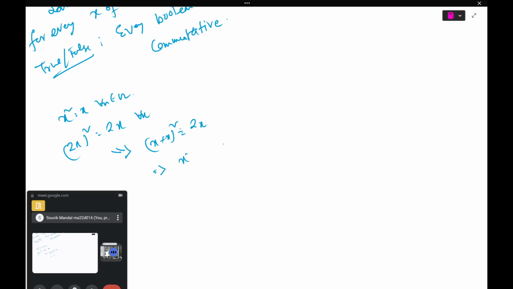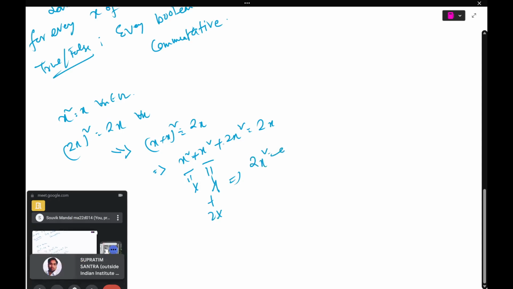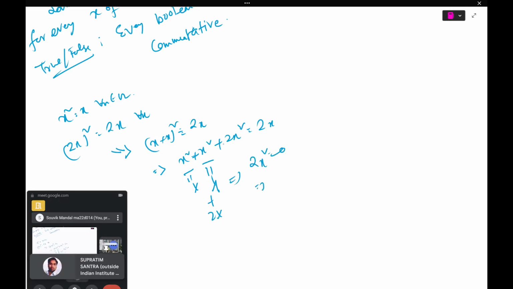This implies x square plus x square plus 2x square is equal to 2x, and x square is equal to x. So total 2x. So this implies 2x square equal to 0.